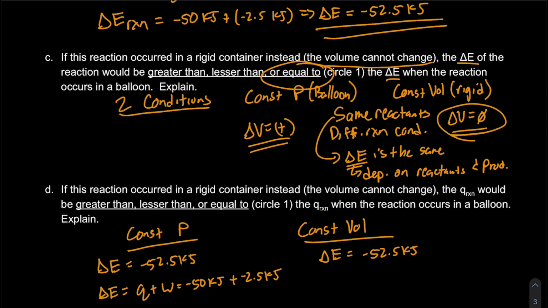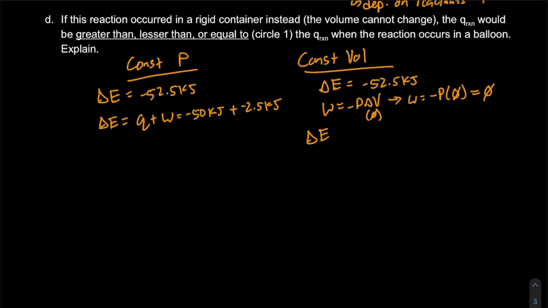Well, we said our delta V is 0, and we know work is negative P delta V. Delta V is 0, so work is negative P times 0, or 0. We have no ability to have work be done on or by the reaction. So our delta E is going to be equal to Q plus work, as it always is, but our work is 0.